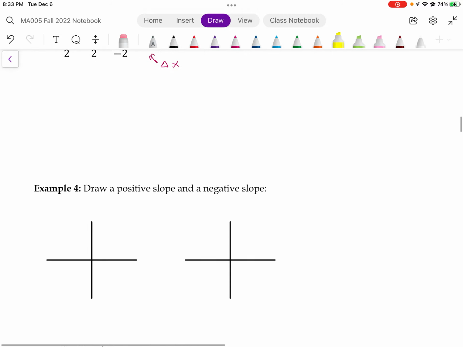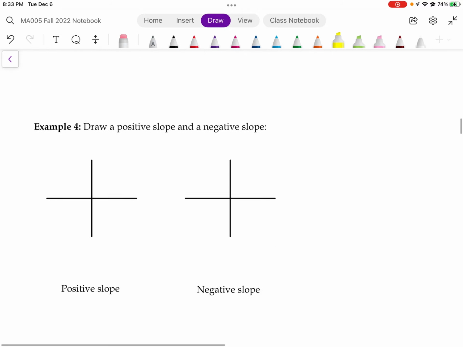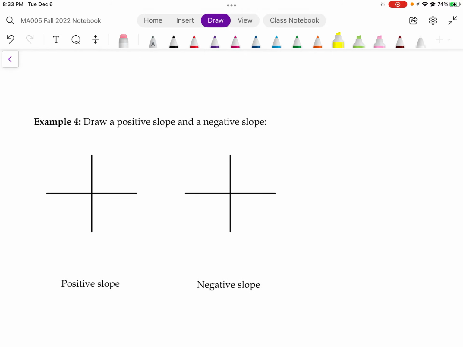Okay, so moving on. Draw what a positive slope looks like and what a negative slope is. All right, so a positive slope in general looks like this, or like that, or like that. So as you're moving from left to right on the x-axis, you are going uphill.